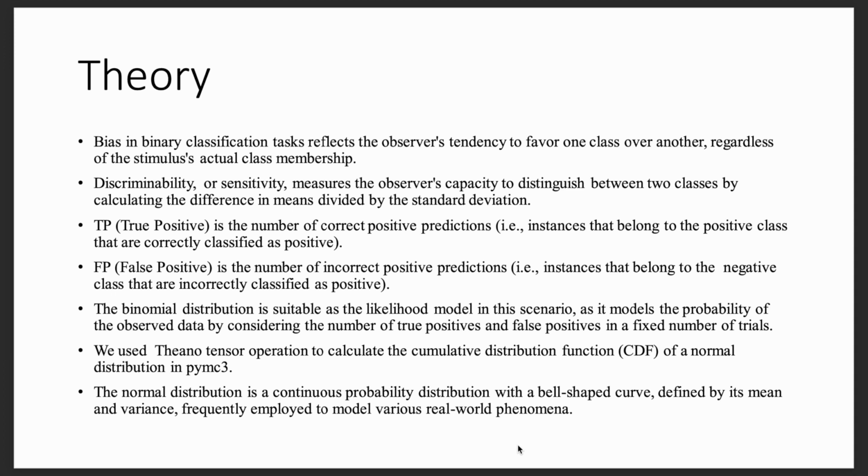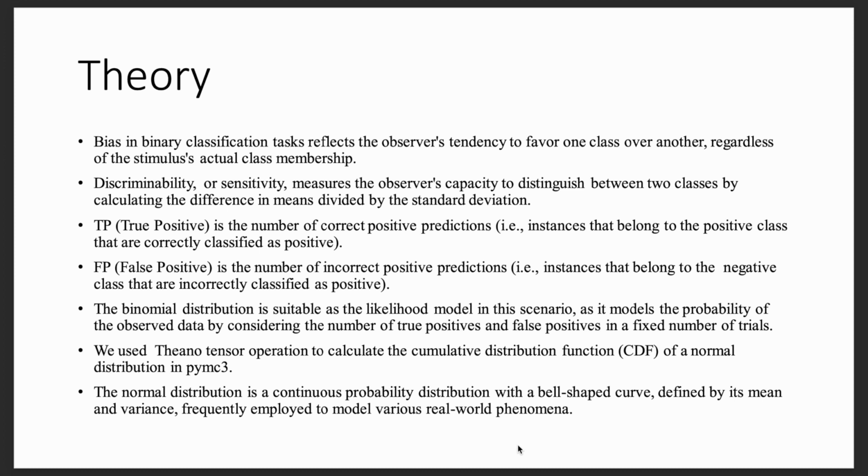True positive is the number of correct positive predictions, which are instances that belong to the positive class that are correctly classified as positive, and false positive is the number of incorrect positive predictions, which are instances that belong to the negative class that are incorrectly classified as positive.